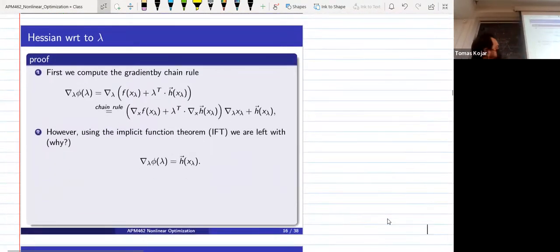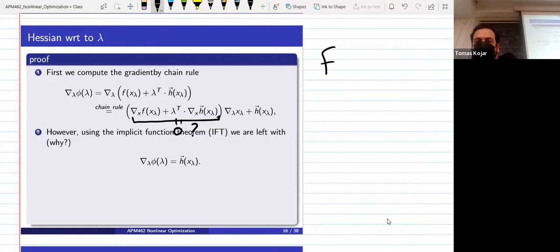Now, what do I want to talk about? Oh, yes. Can someone tell me why this guy over here is 0? The guy in the parentheses? That might be a bit too advanced, but I just want to see. So let me remind you of the implicit function theorem.